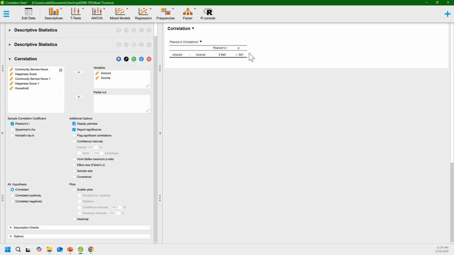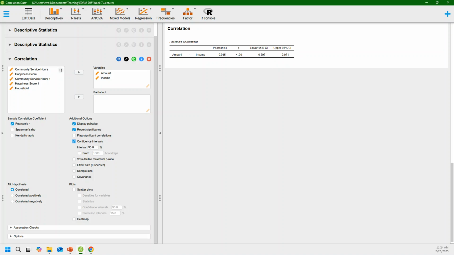And with that, I know that it is significant. It doesn't say that I wanted to see if there's a positive or a negative relationship. I'm just trying to see what type of relationship it is. If you wanted to get the confidence interval, you can click on this and you can change your confidence level, right? So I know that this is a strong positive linear relationship, but I know even in my population, I expect a strong positive linear relationship, and this is significant, right?